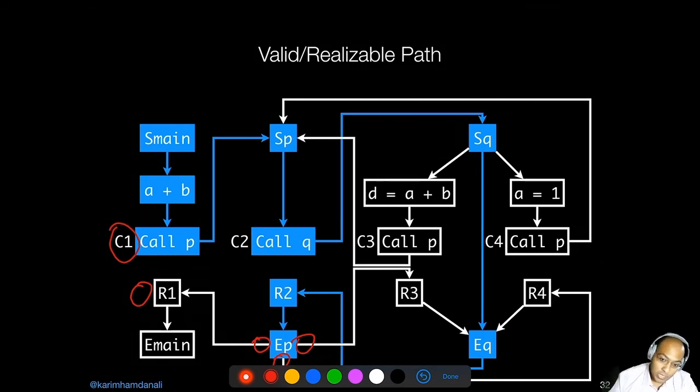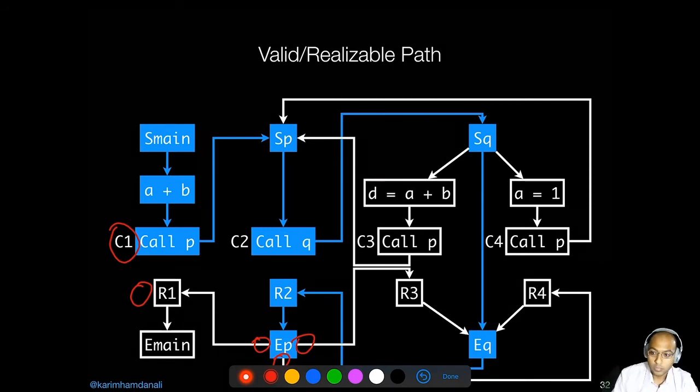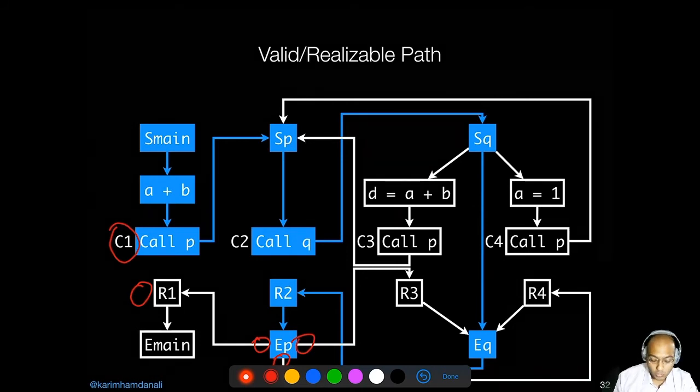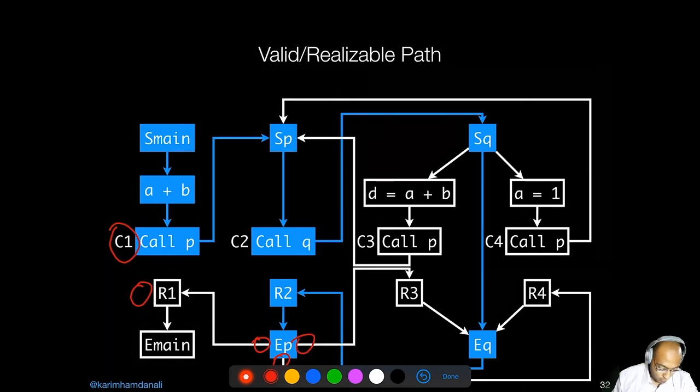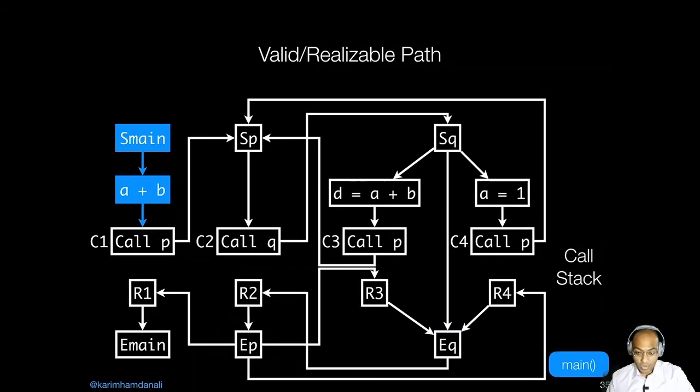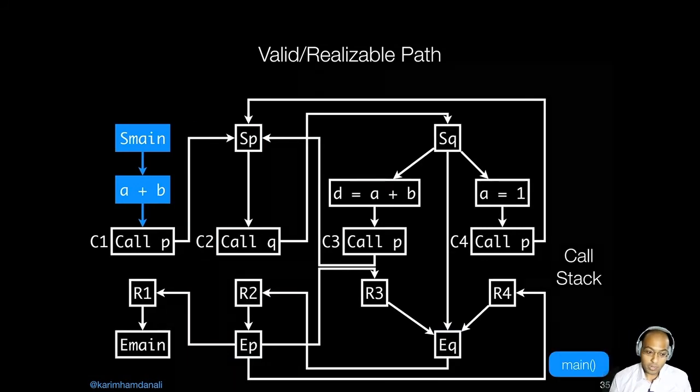Not to any other return site, because once we return, we need to go back to R1 before we go elsewhere. Otherwise, we're going to mess up all the calling relationships. So here, we're going to go back to R1, then we're going to go back to main. But to be able to do so, we need to maintain a call stack. So the ICFG would have to have a little bit extra help there so that we can actually do this properly.